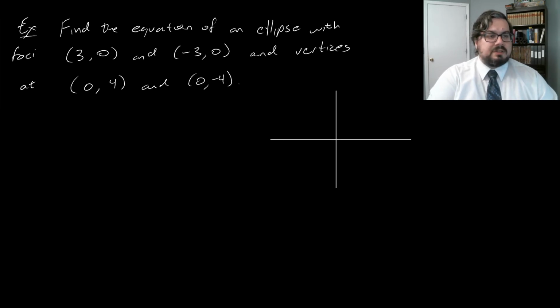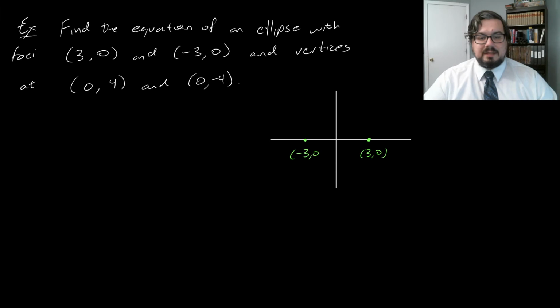So again, sketching things out, we have a focus at 3, 0, we have a focus at -3, 0, and we have vertices here at 0, 4, and at 0, -4.